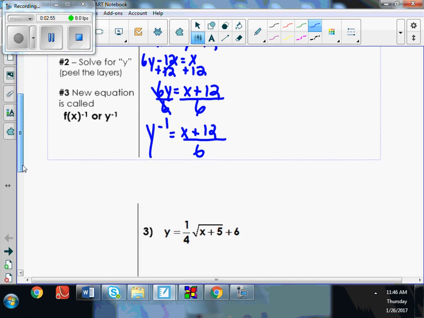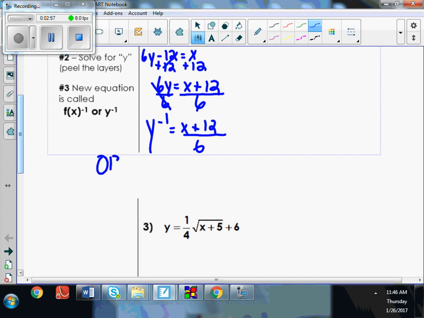And some of you, because it's linear, if it starts linear, it's going to be linear, some of you are going to reduce it and write 1/6 x plus 2. Okay, my slope, and then my y-intercept. I would accept either one of those answers. They're both correct.